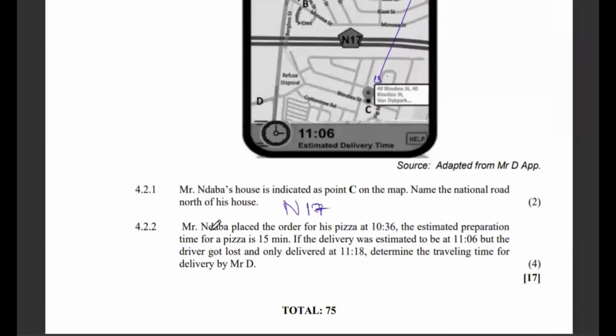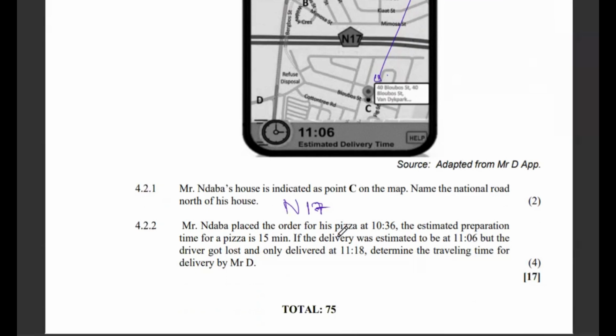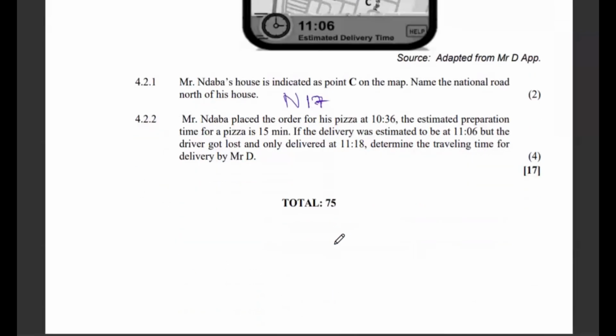Mr. Ndava placed the order at 10:35. Estimated preparation time is 15 minutes.